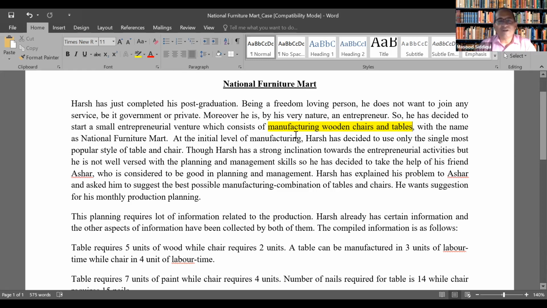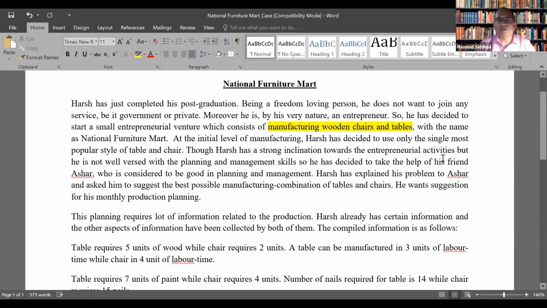At the initial level of the manufacturing, Harsh has decided to use only the single most popular style of tables and chairs. So only one style of table and chairs is to be manufactured. Though Harsh has a strong inclination towards entrepreneurial activities, he is not well versed with the planning and management skills.